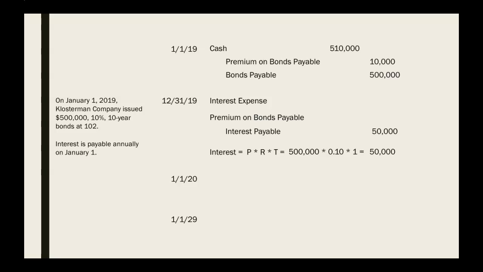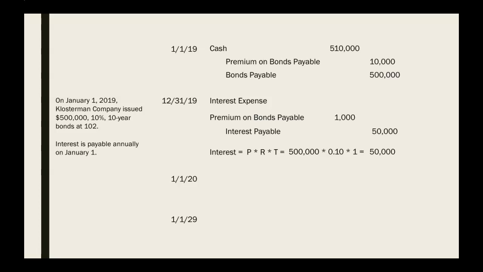Now, the next piece is your premium on bonds payable. This is when we amortize our premium. So our premium on bonds payable was $10,000, right? It's a 10-year bond. So if we take 10,000 divided by our 10 years, we get 1,000.